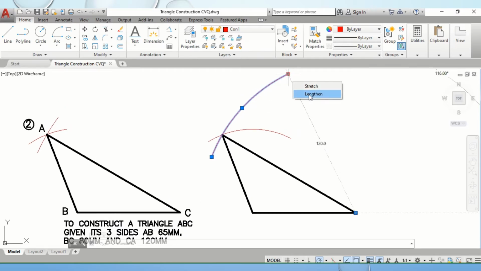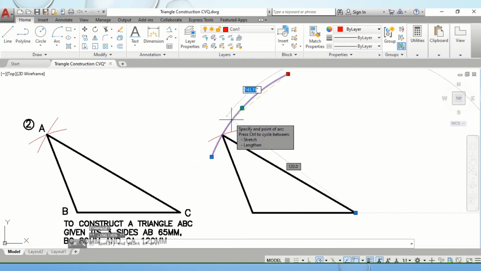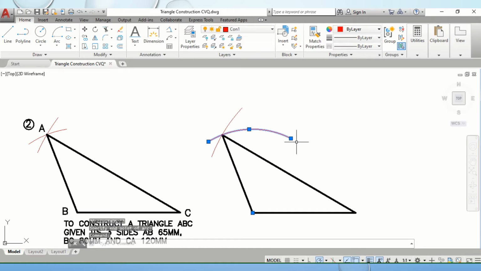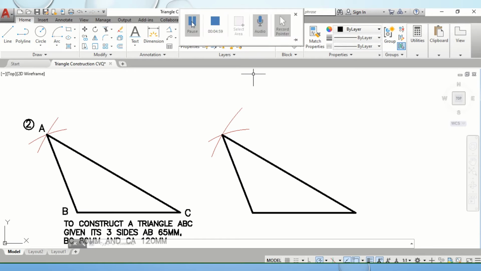I'm going to clean this up. Use the lengthening tool to just shorten my arcs. Let's make the drawing look a little neater. And there we go. We have constructed a triangle, given its three sides.